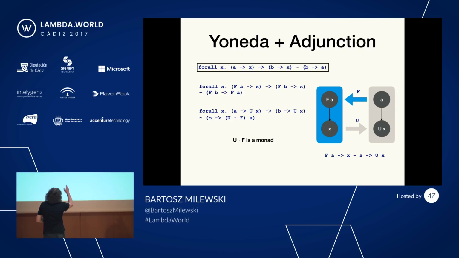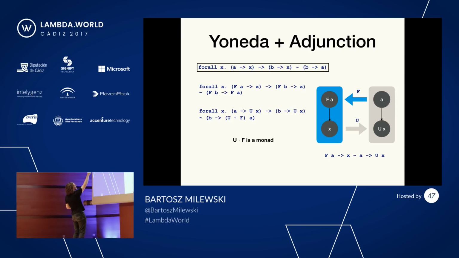And if I do the adjunction also on the result of this identity, I get a function from B to U combined with F acting on A. Now, these are two functors. A composition of functors is again a functor, right? And this composition of two adjoint functors is actually a monad, and Runar also explained that, okay?